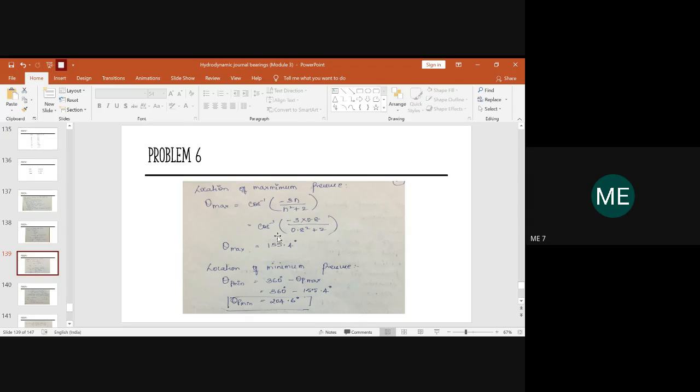So you will write cos inverse of minus 3 into 0.8, multiplied by 0.8, then in the denominator, you will write 0.8 whole square plus 2. So take the cos inverse value of it and let me know what maximum pressure location you are getting. Is it 155.4 degree?